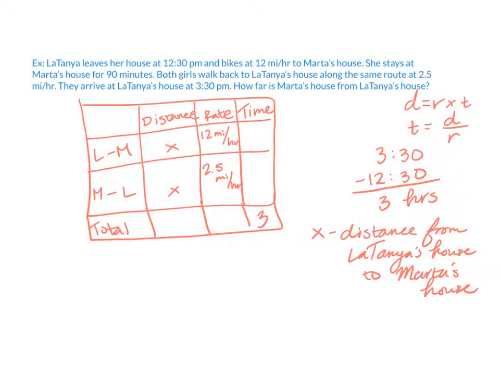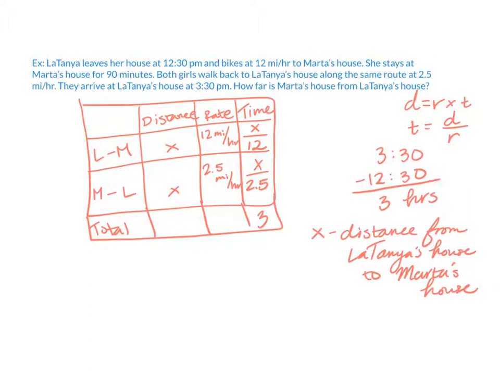So I can write the time equation as distance divided by rate, as we see over here on the right-hand side of the screen. So this will be x over 12 from LaTanya's to Marta's, and then x over 2.5 from Marta's to LaTanya's.